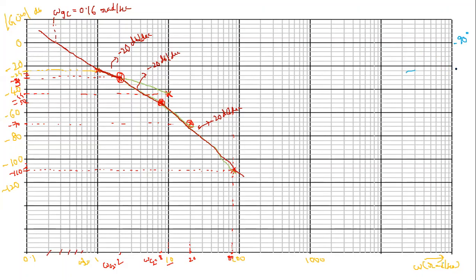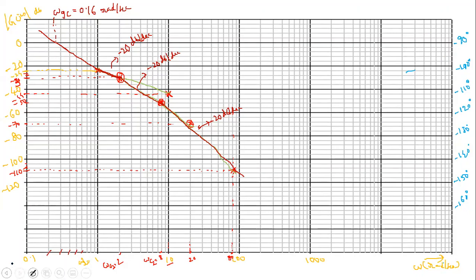So I can put minus 100, minus 110, minus 120, minus 130, minus 140, minus 150, minus 160. No, no, no. I think I should use 10, 20 steps.